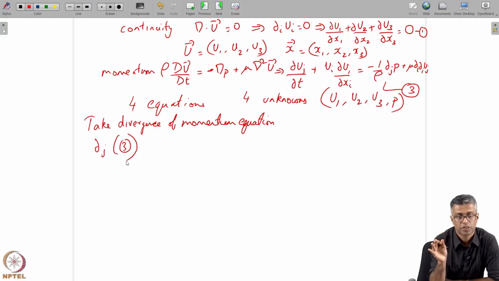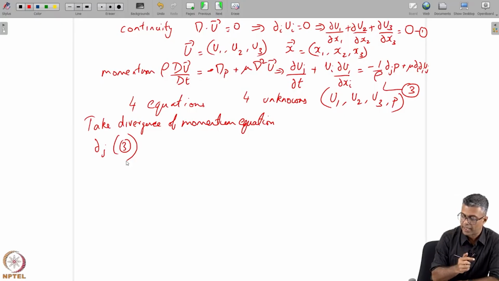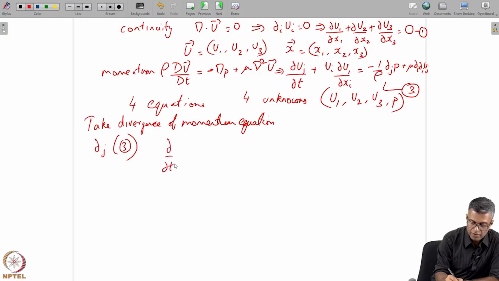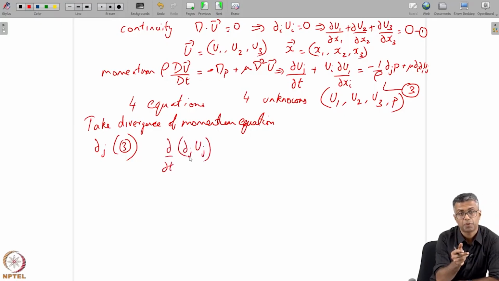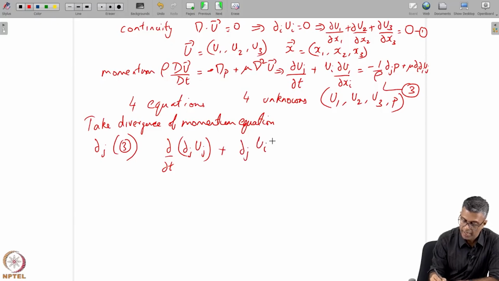Then what I have is del t of del j uj. I can switch between the time derivative and the spatial derivative. Plus, I have del j ui del i uj.